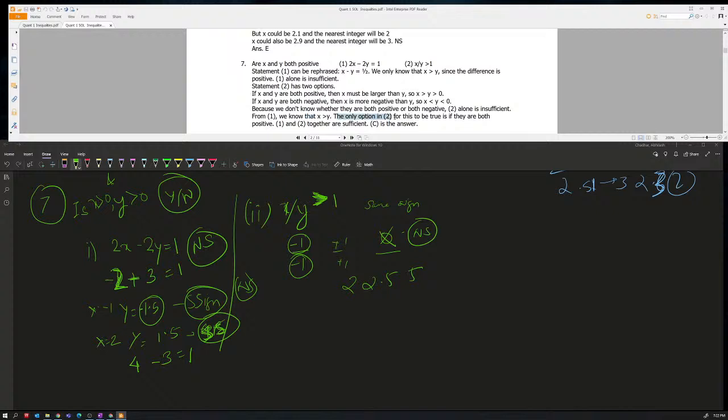The only option is to prove they are positive. How does statement one give you x is greater than y?